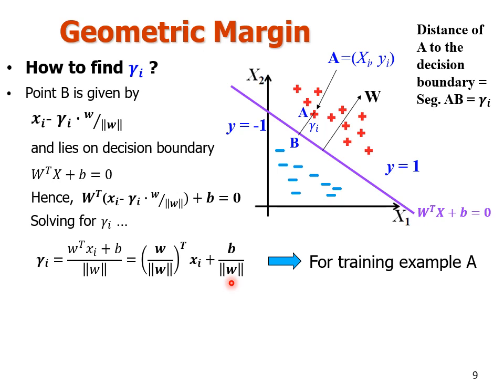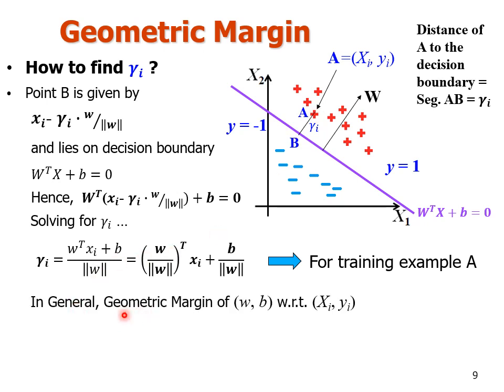As I mentioned, this was worked out for the case of a positive training example, that is A, shown in this figure. So in general, if we would like to compute the geometric margin of W, B with respect to any arbitrary data point (xi, yi), we can simply multiply the above term by yi.